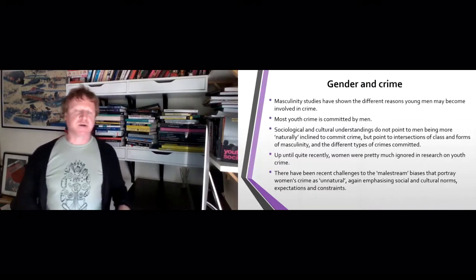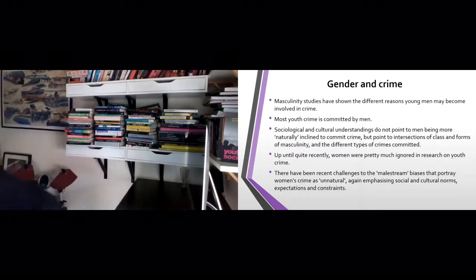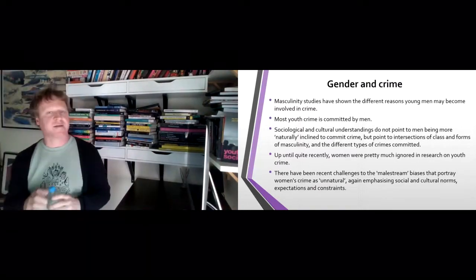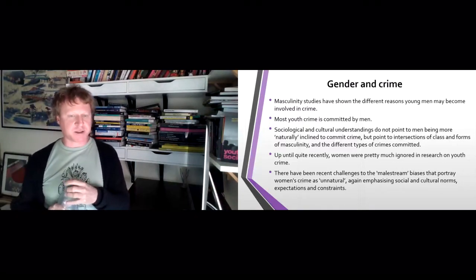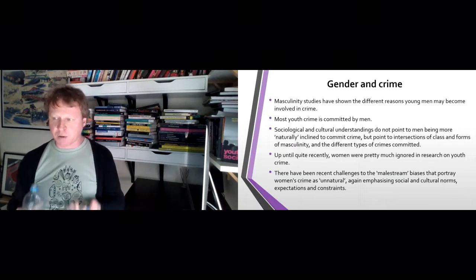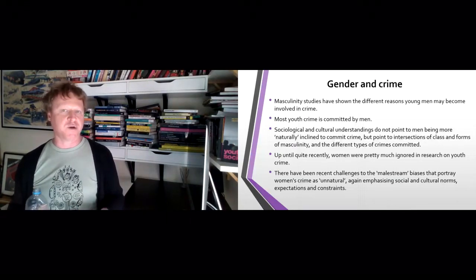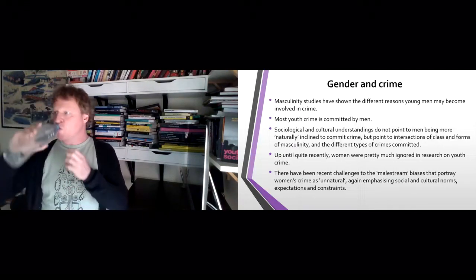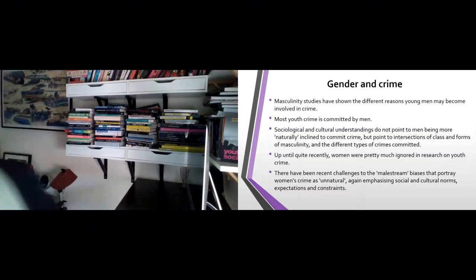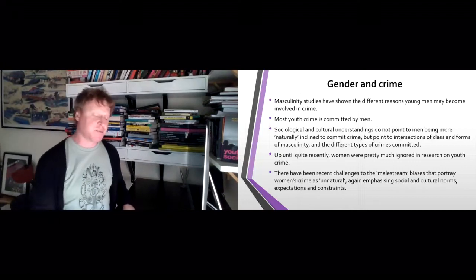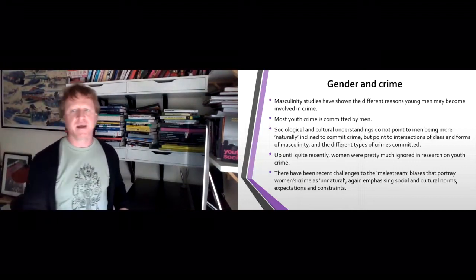Okay, and lastly, in terms of gender and crime, as the textbook points out this week, there's lots of really interesting research that draws out differences and problems in thinking with and through gender and crime. A lot of criminology tends to position young men as being naturally more violent.